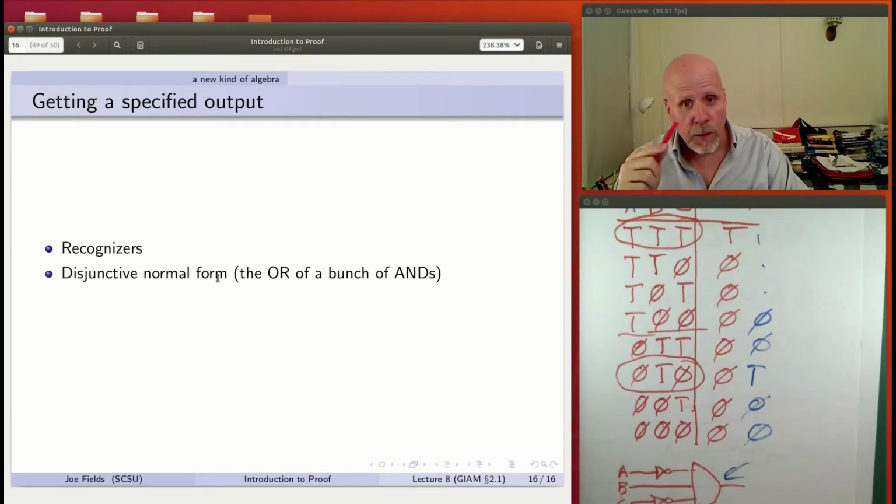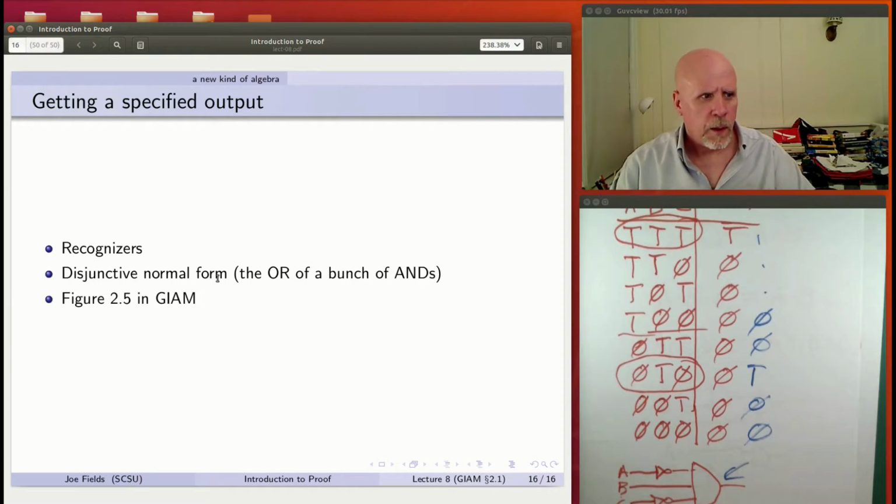So disjunctive normal form is the or of a bunch of ands. The ands will be recognizers like this, and we'll or them together to make a specified I/O table for a circuit or output table for a logical expression.